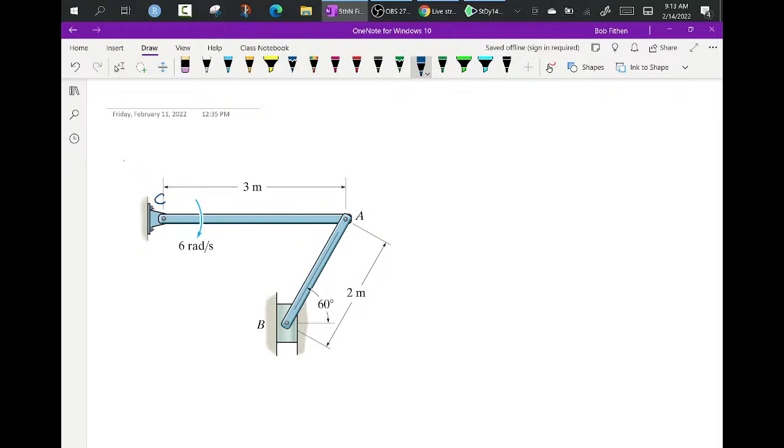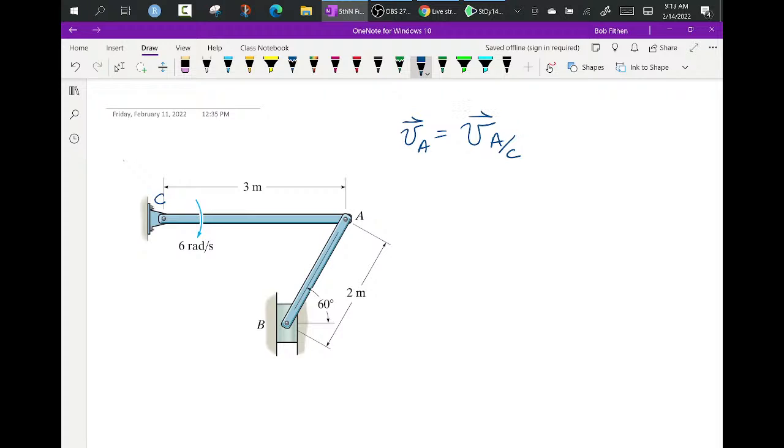So this seems weird, but velocity of A is equal to the velocity of A relative to C, I write them like that.